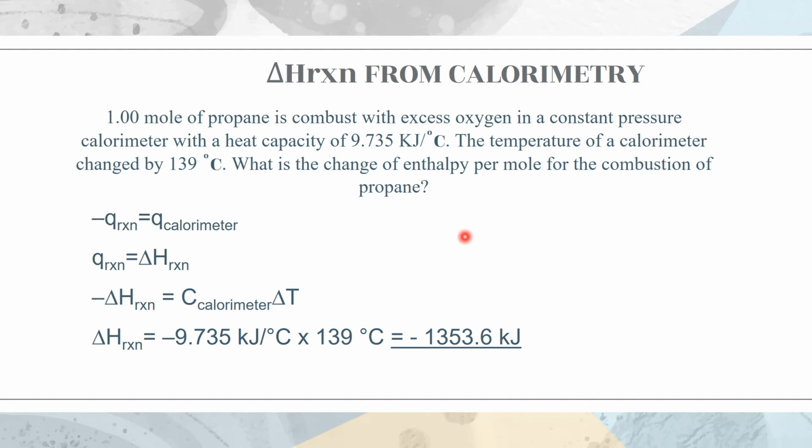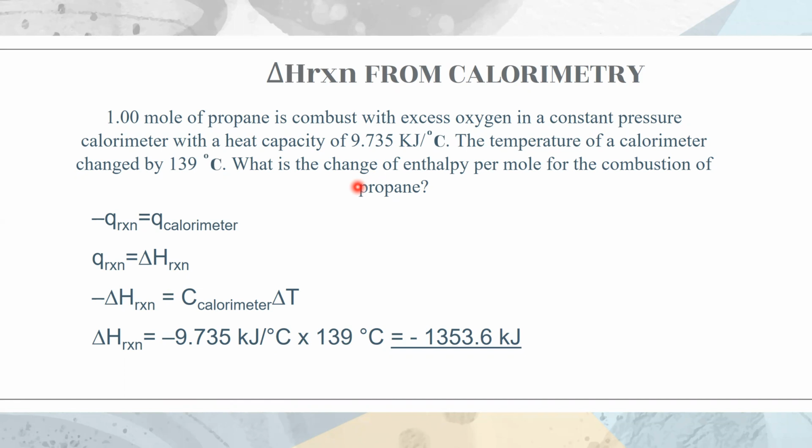And so for this problem, it says 1 mole of propane is combusted with excess oxygen in a constant pressure calorimeter with a heat capacity of 9.735 kilojoules over degrees Celsius. The temperature of the calorimeter changed by 139 degrees Celsius.